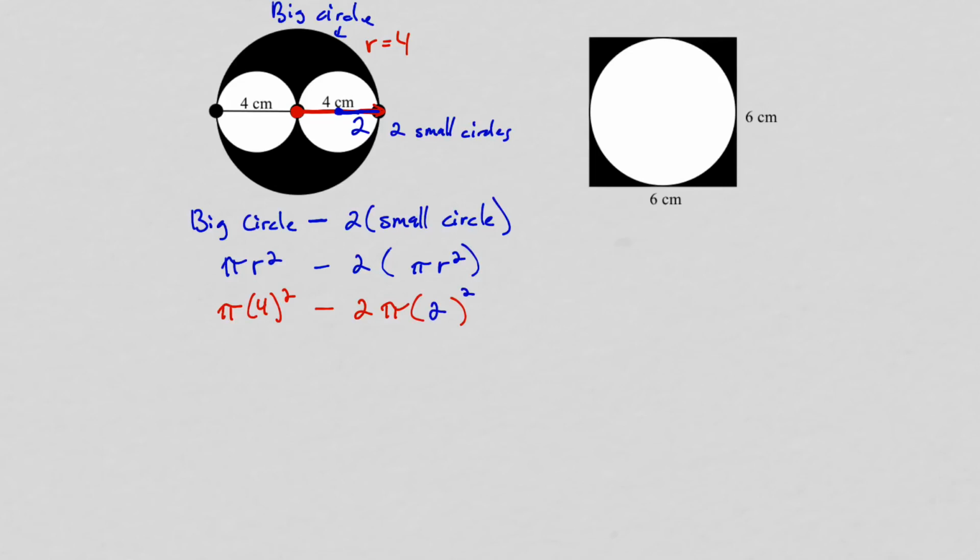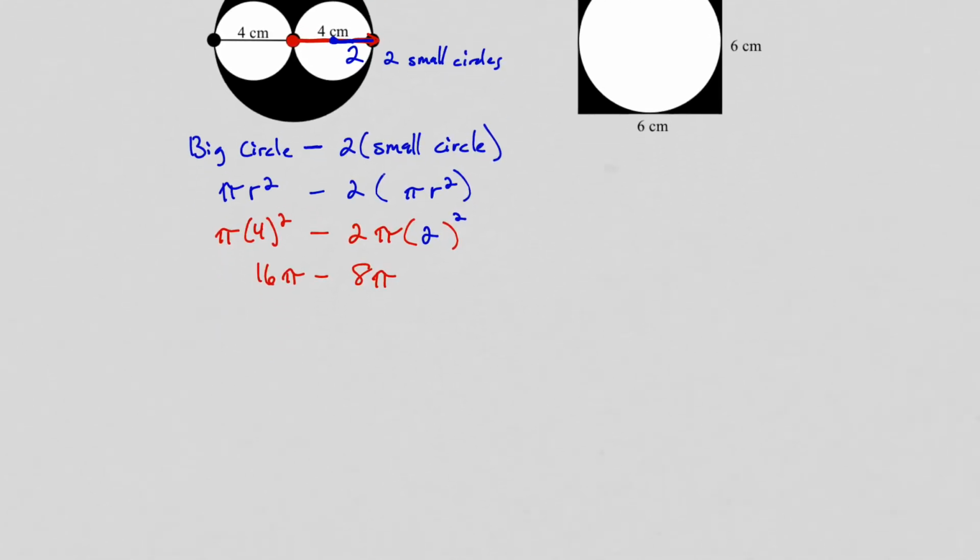If we put this together, we get 16 pi minus 2 squared is 4, 4 times 2 is 8, so it's 8 pi. 16 minus 8 is 8, so this is 8 pi. Like combining like terms, for example, 16x minus 8x equals 8x. We put this in our calculator, and that's going to give us 25.13 centimeters squared.